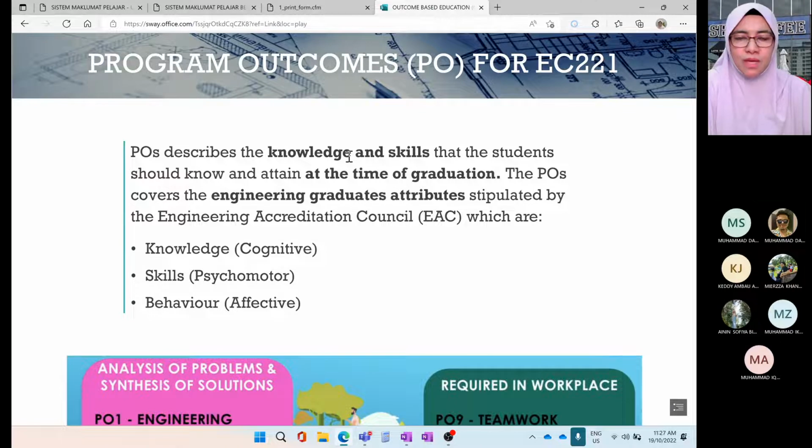We have the cognitive domain, the psychomotor domain, and the affective domain. For this course, which domain do we map to? Is it cognitive, psychomotor or affective? Any idea? Cognitive, yes, cognitive.